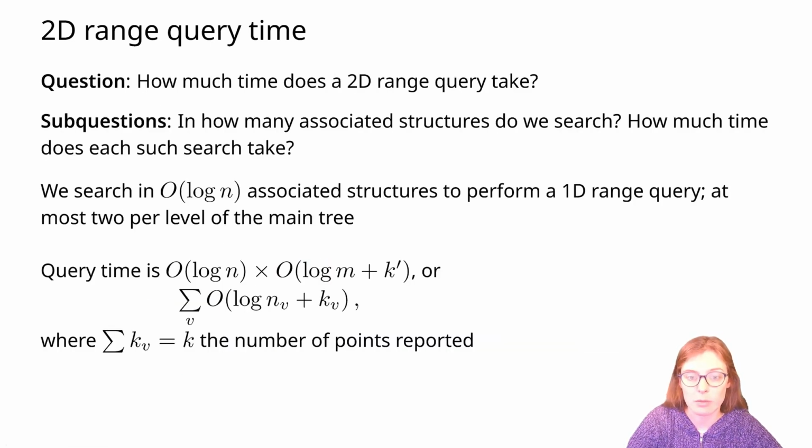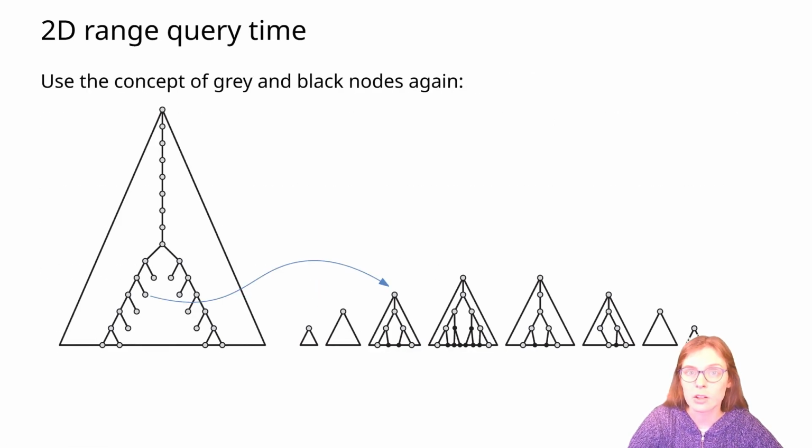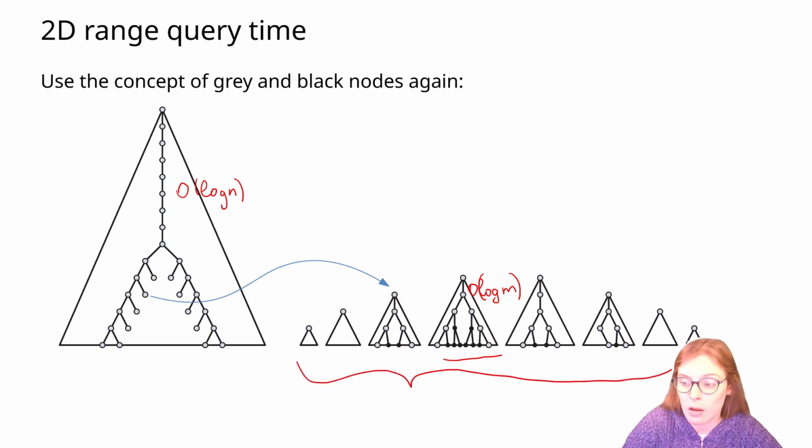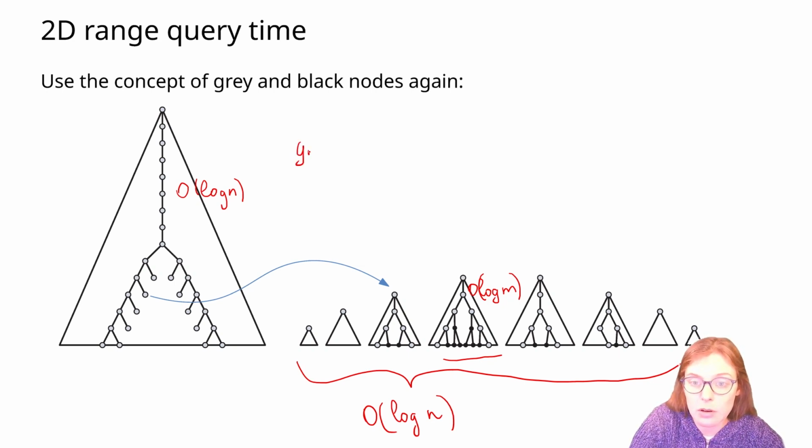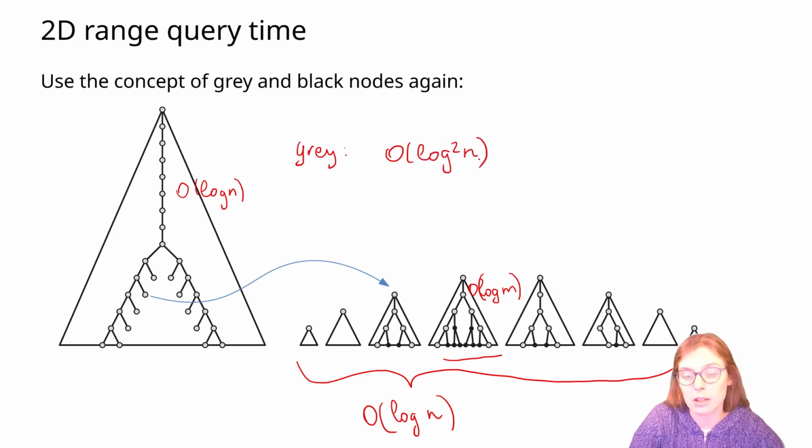Let's see what this running time results in. Again, we can count the number of gray and black nodes. The number of gray nodes is logarithmic in the original data structure and also logarithmic for each associated data structure. There are big O of log n associated structures, and thus the number of gray nodes is big O of log squared n in total.